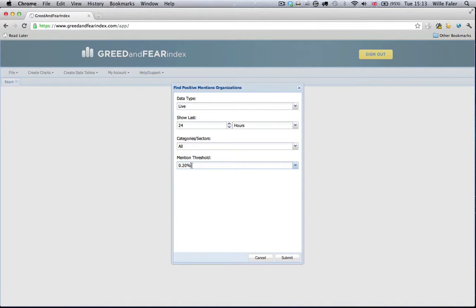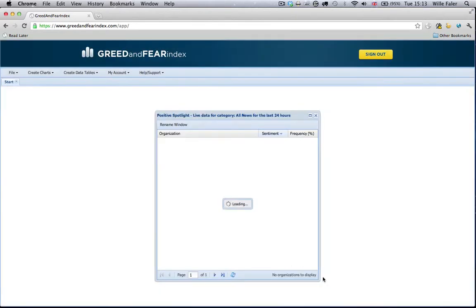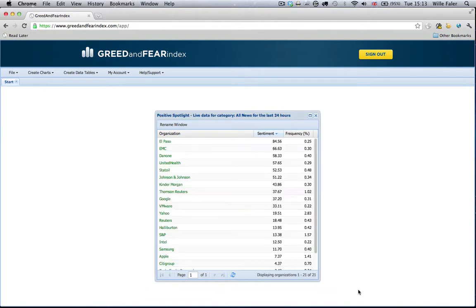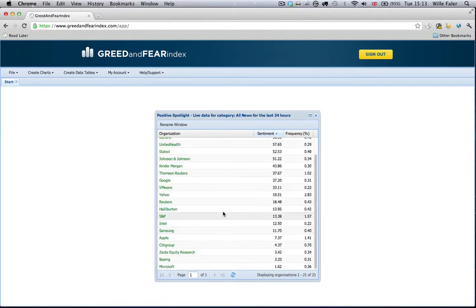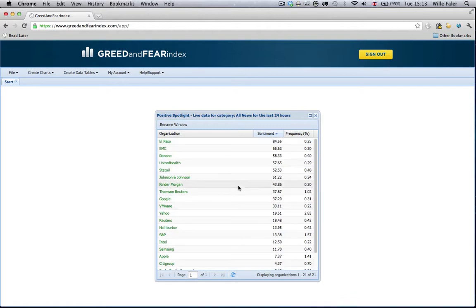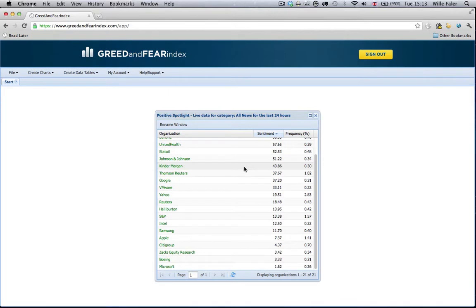And we can also create a mention threshold that effectively filters out companies that have not been mentioned enough to be statistically relevant for whatever we're looking for. And here you see for all categories, these are the most mentioned companies, or most positively mentioned companies.